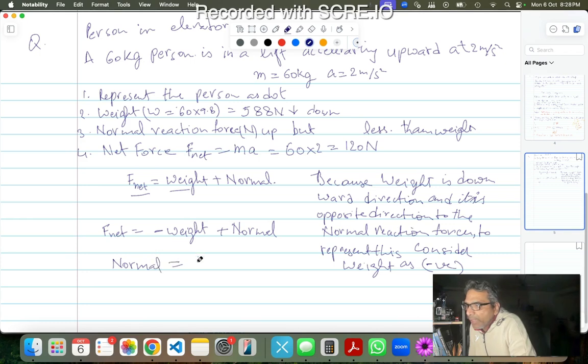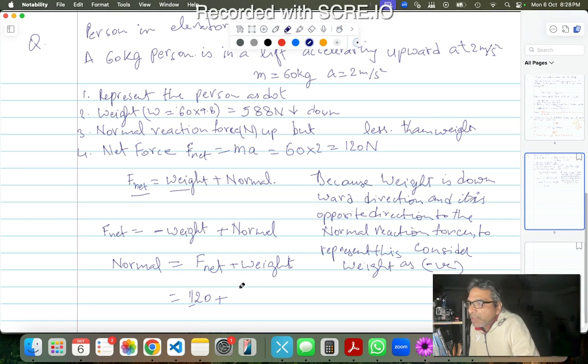then normal will be F net plus weight. So that becomes F net is 120, right?